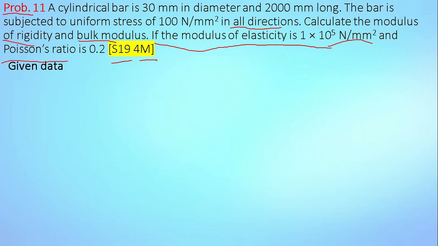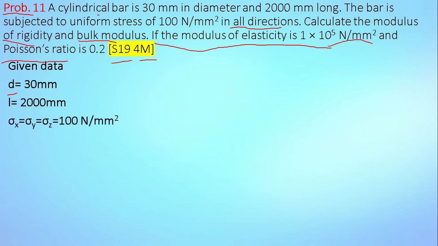So first of all we will find out the given data. Our specimen is a circular bar. So diameter of bar is small d equal to 30 mm and length of bar is 2000 mm. The bar is subjected to a uniform stress of 100 Newton per mm square in all directions.